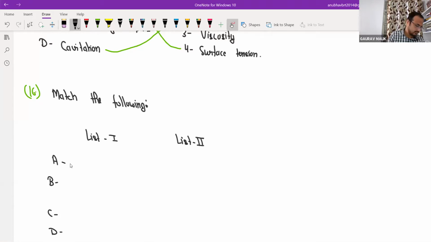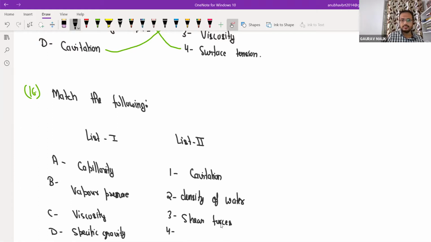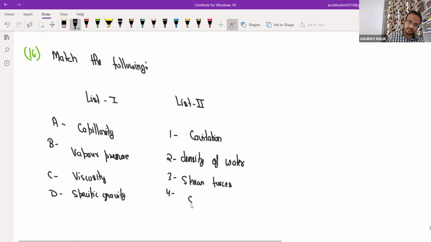A, B, C, D: capillarity, vapor pressure, viscosity, specific gravity. 1, 2, 3, 4: cavitation, density of water, shear forces, and surface tension. What will be the right answer of this one?